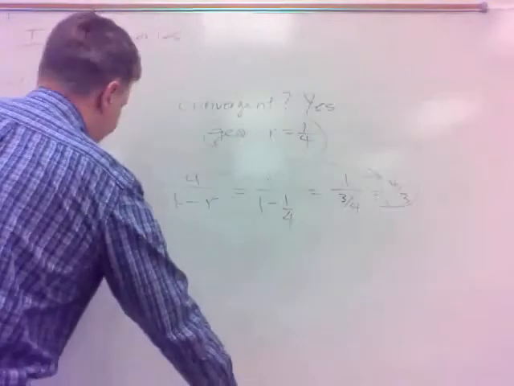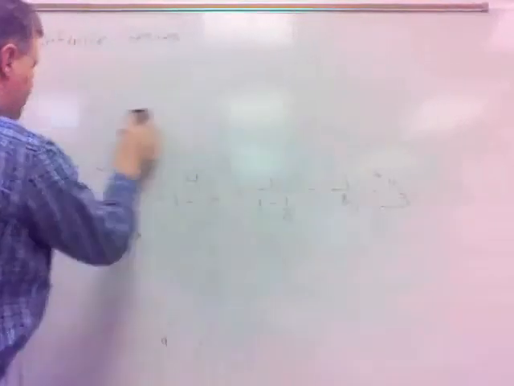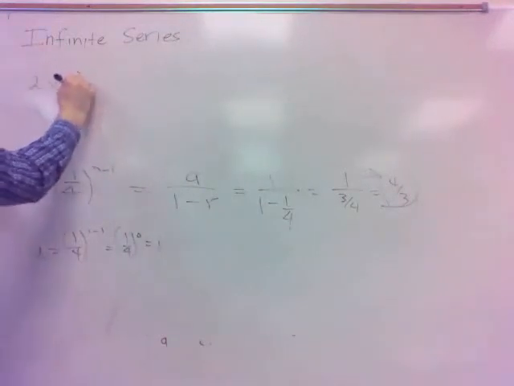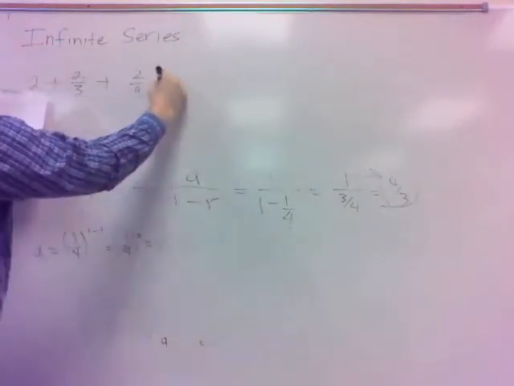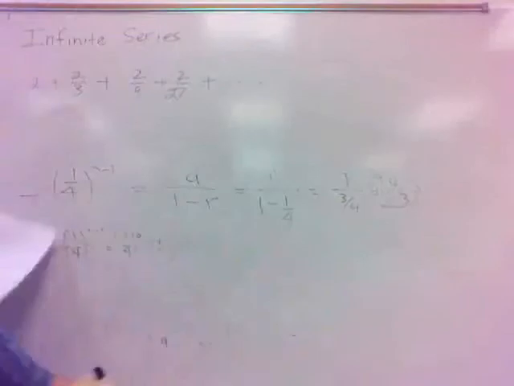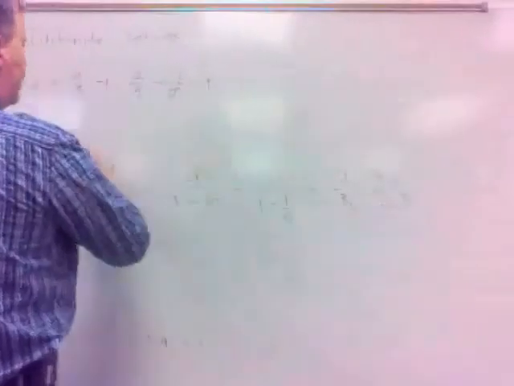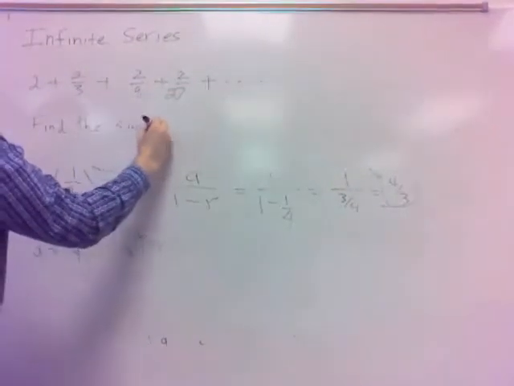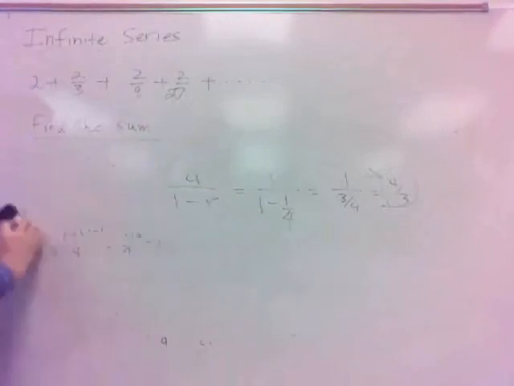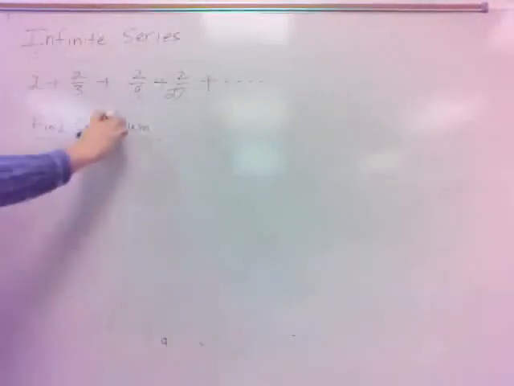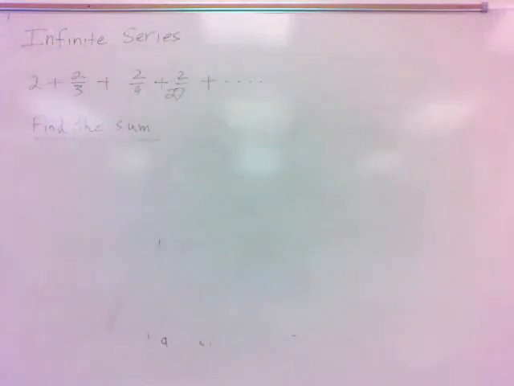Here's another one. 2 plus 2/3 plus 2/9 plus 2/27. Can we find this sum? And the answer is, of course, yes, we can. Why can we find this sum? Well, look at it.